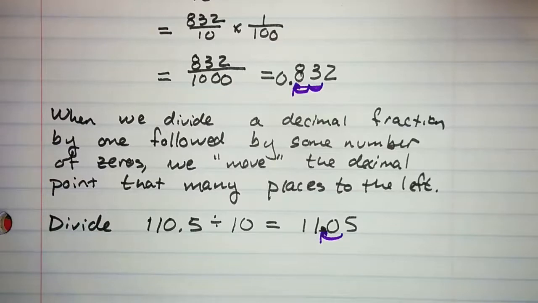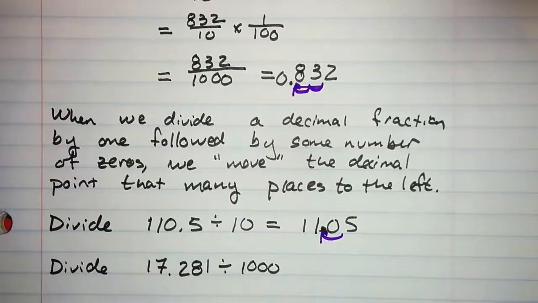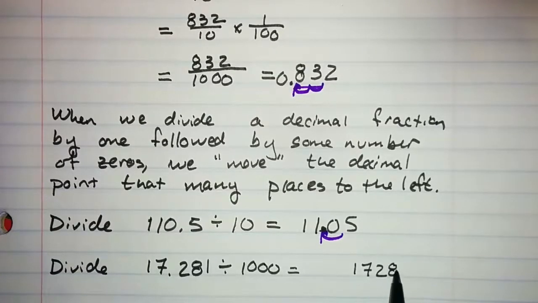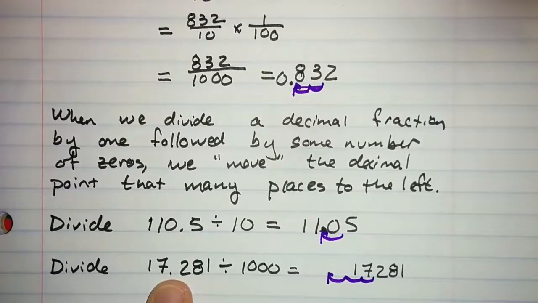I'm going to give you one of these to try. Divide 17.281 by 1,000. Pause the video and try this now. Alright, so we'll have exactly the same digits, 17281, but the decimal point 3 places further to the left than it was in our dividend.